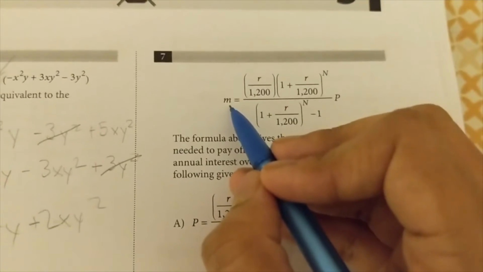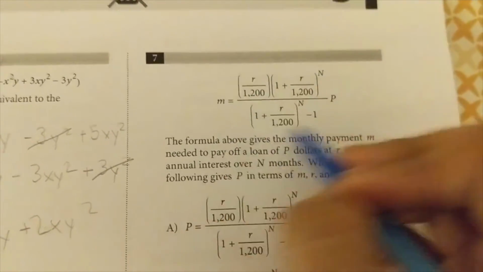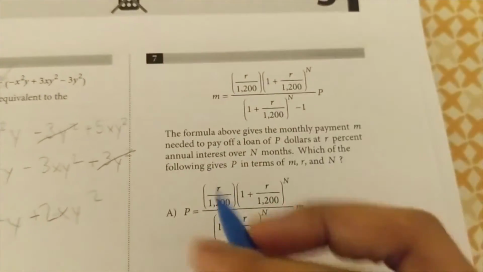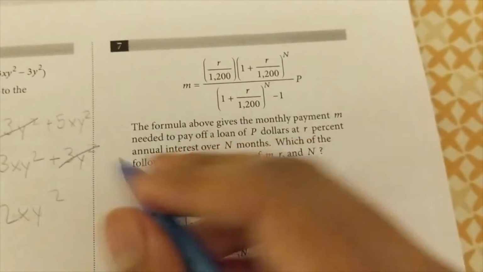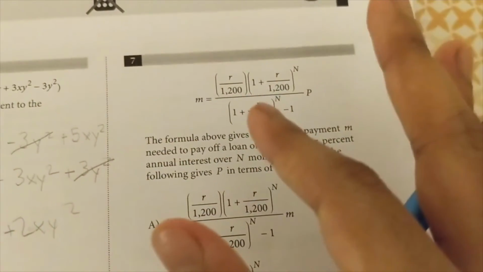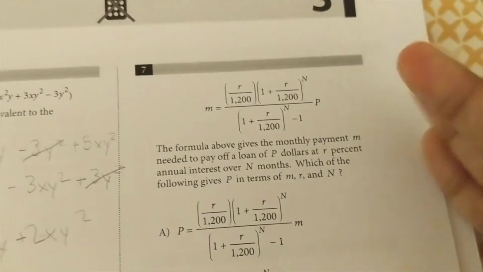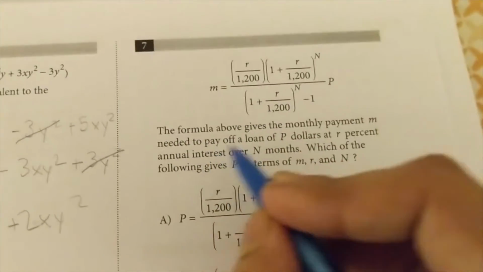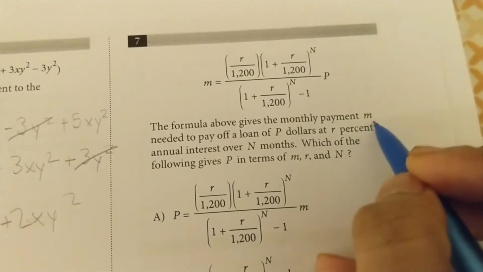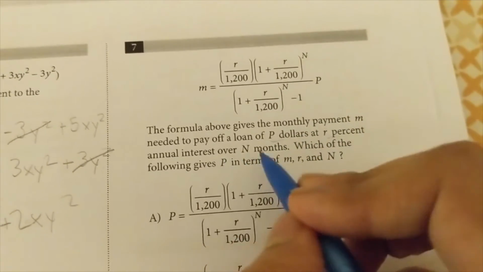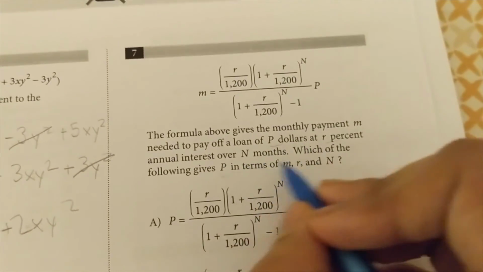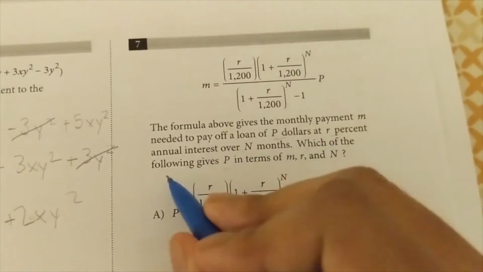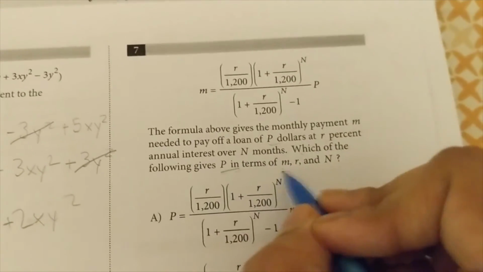So we have M. So, okay, I'm actually not going to read this question, and gonna see if there's maybe a simpler way of solving this. For those of you who've already taken the practice test, which I hope is most of you, you guys probably know about this, if you remember. So, you can see we have all these variables here, but if you notice, which of the following gives P in terms of this?